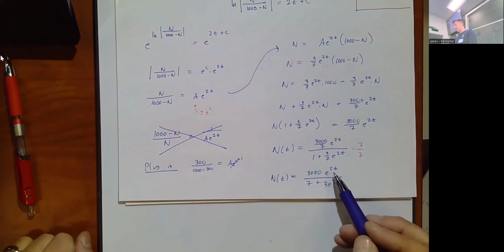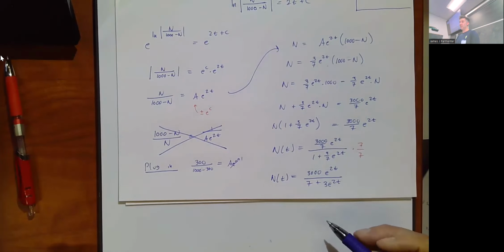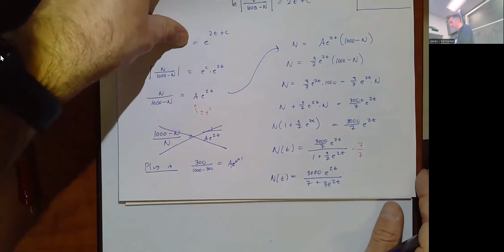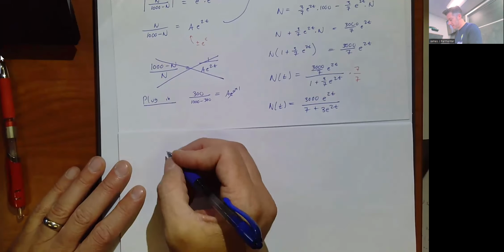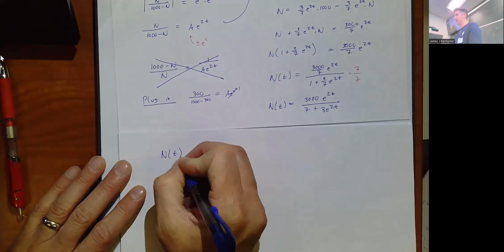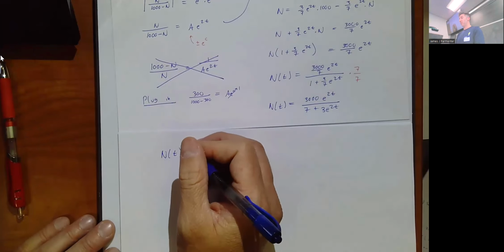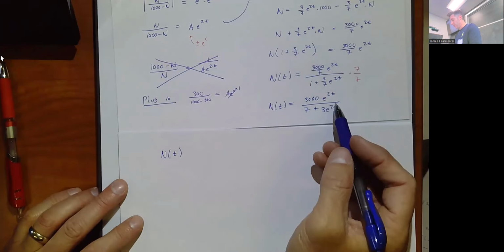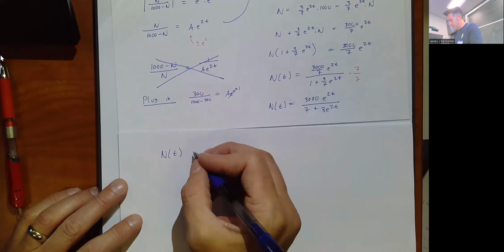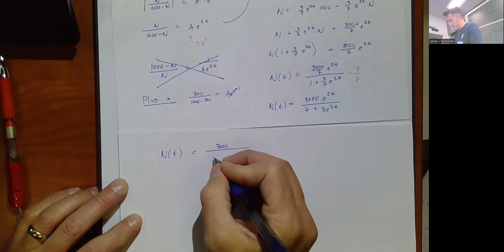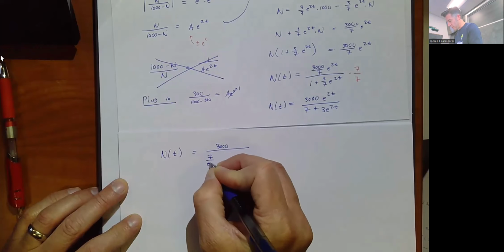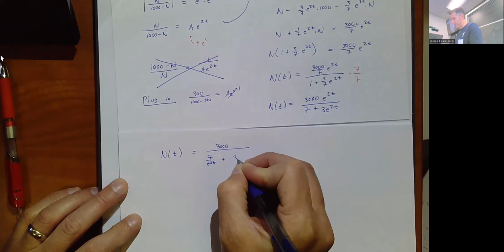Other people would probably divide everything by e to the 2t, and there is a good reason for what I'm about to do. It's not just because other people would do it, it's because it probably shows something more important better. Everyone would probably say, I've got 3,000 over (7 over e to the 2t, plus 3).